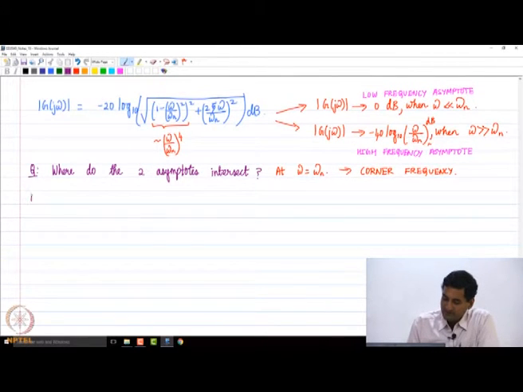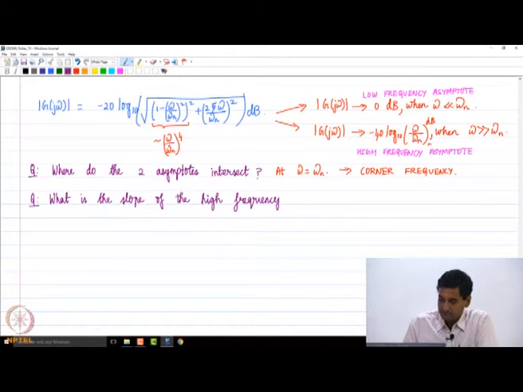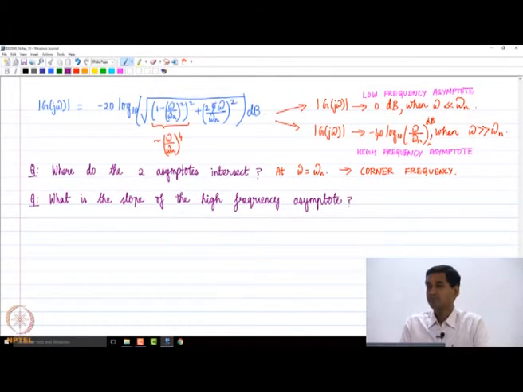Is it clear? Because that is the frequency at which the two asymptotes intersect. The second question that we need to ask ourselves is, what is the slope of the high frequency asymptote? The high frequency asymptote is minus 40 log to the base 10 omega by omega n. So how do we figure out the slope? Let us say you go 1 decade farther from omega. Instead of omega you substitute 10 times omega.